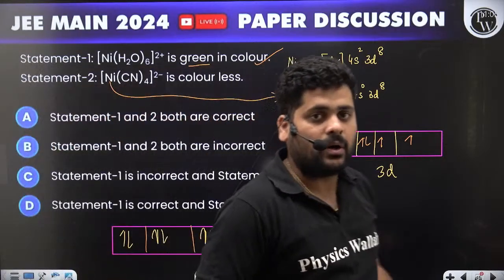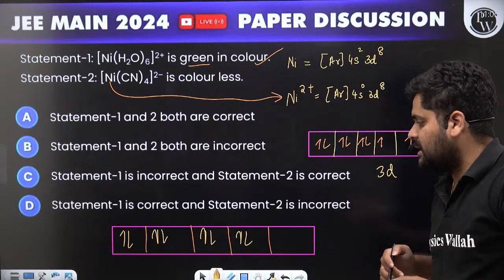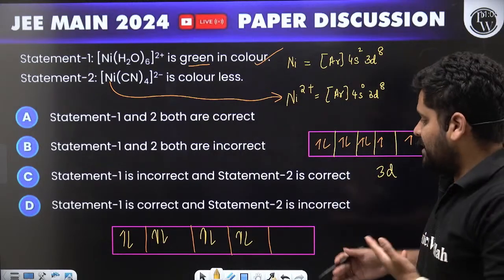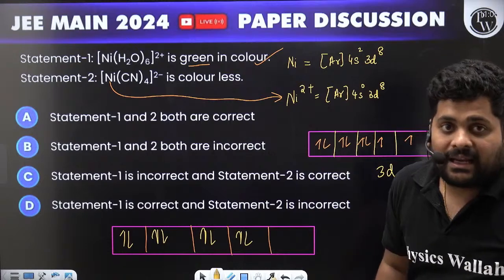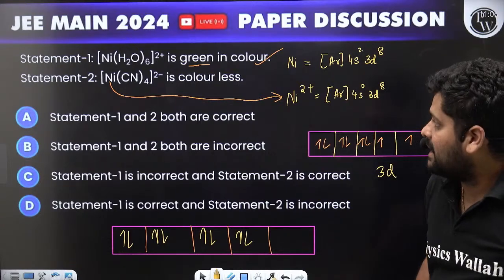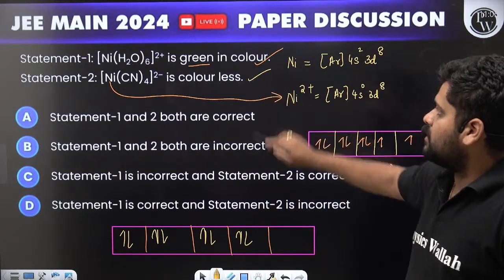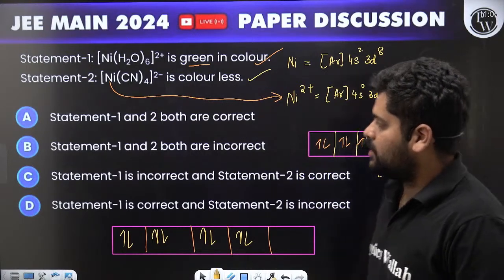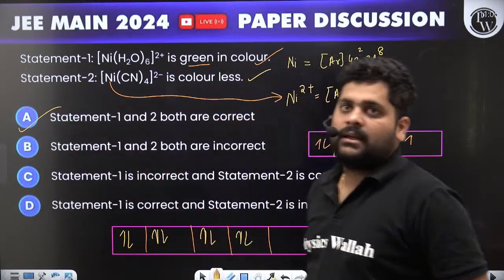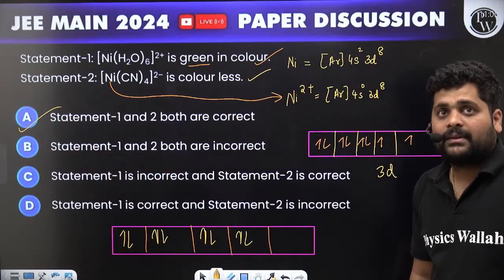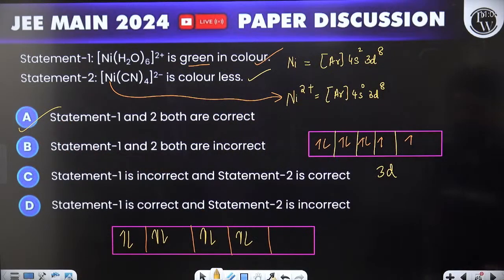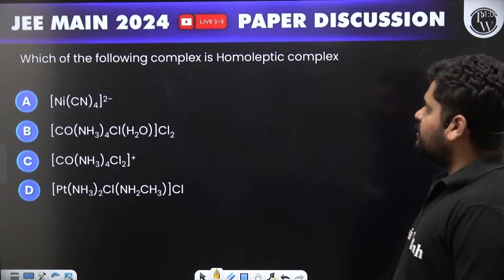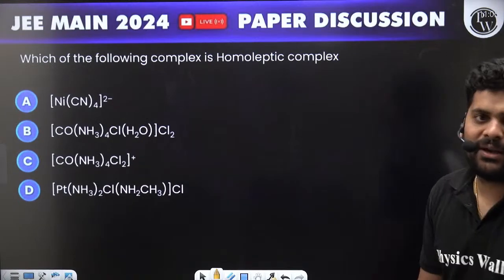There is no unpaired electron, due to which this is going to be colorless. This is diamagnetic and colorless. So this is also a correct statement. Statement 1 is correct as well as statement 2. The correct answer is option A. Now moving on to the next question after this. Which of the following complexes is a homoleptic complex?